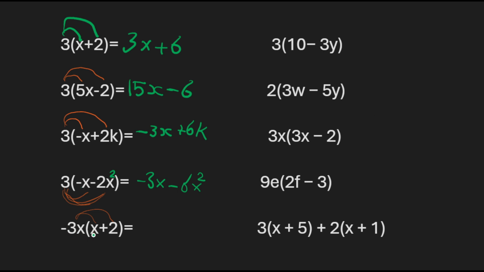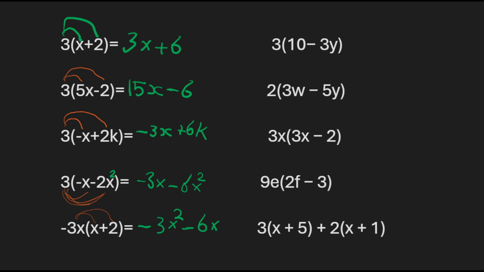Negative times positive is negative, so I'll first do the negative here. 3x times x is 3x squared, and then plus negative 3x times 2 is just going to be minus 6x. How easy. Did you get it?